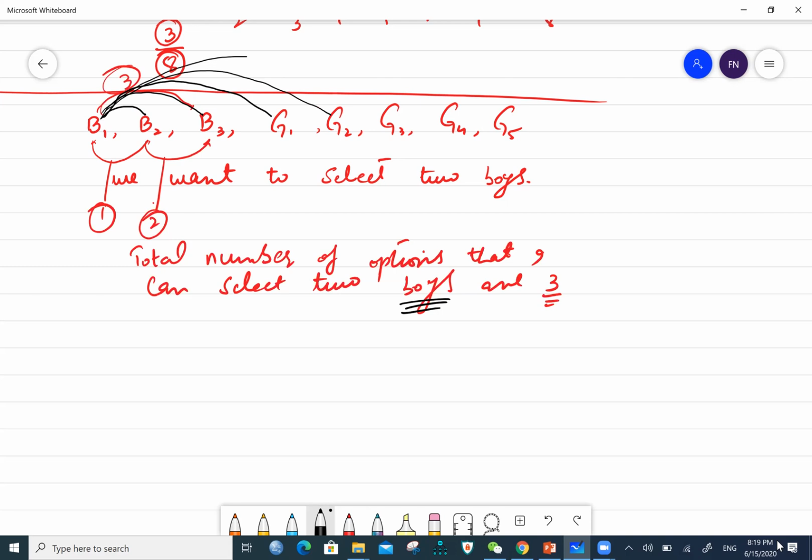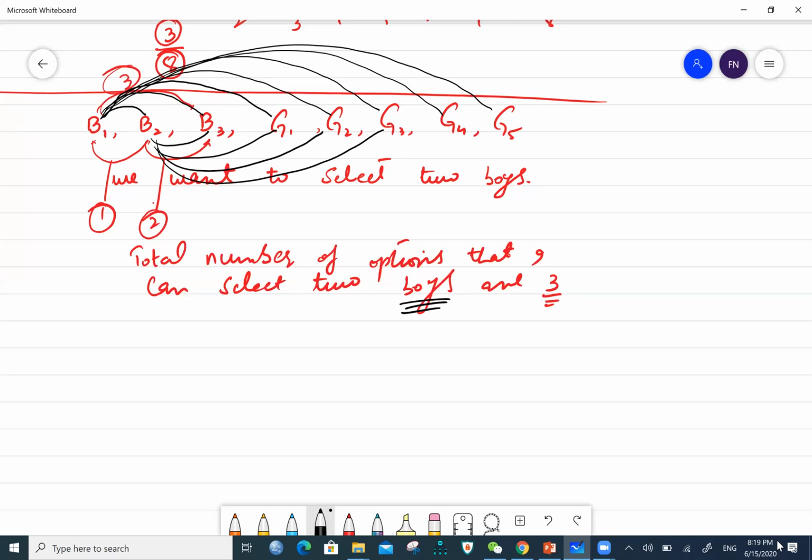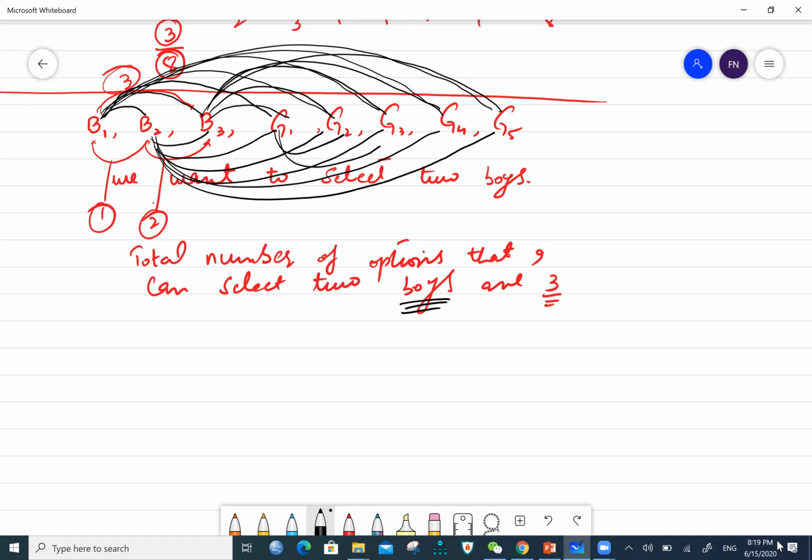This is my second option. Third option, fourth option, fifth, sixth, seventh, eighth, 9, 10, 11, 12, 13, 14, 15, 16, 17, 18, 19, 20, 21, 22, 23, 24, 25, 26, 27, and 28.